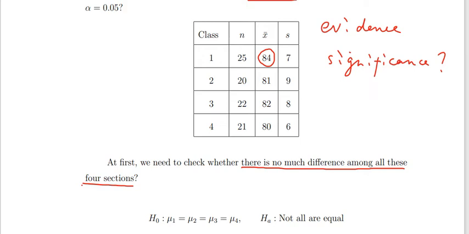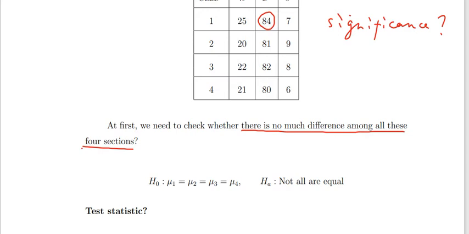So we convert such a problem into a hypothesis testing problem, right? H0 is mu1, mu2, mu3, mu4 all equal. This means no much difference among those 4 classes. HA has some difference, but HA simply says not H0. Maybe mu1, mu2 are the same, but mu3, mu4 are not the same, right?